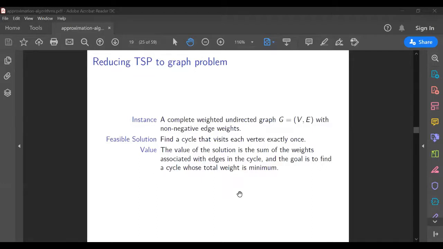Now we have to visit all the nodes and come back to the same node. That means we should have a cycle. We should find a cycle which visits each vertex exactly once. The solution is the sum of the weights associated with the edges in the cycle, and the goal is to find a cycle whose total weight is minimum.